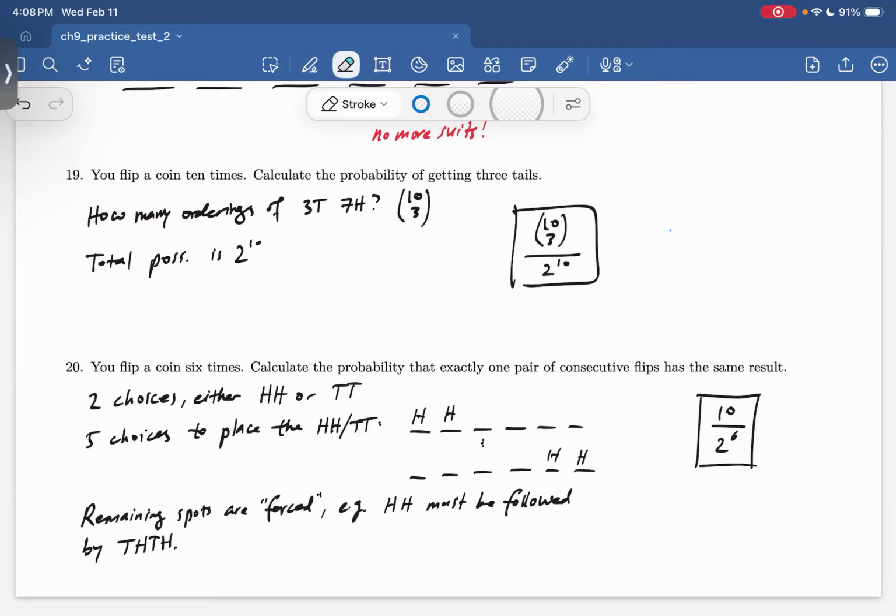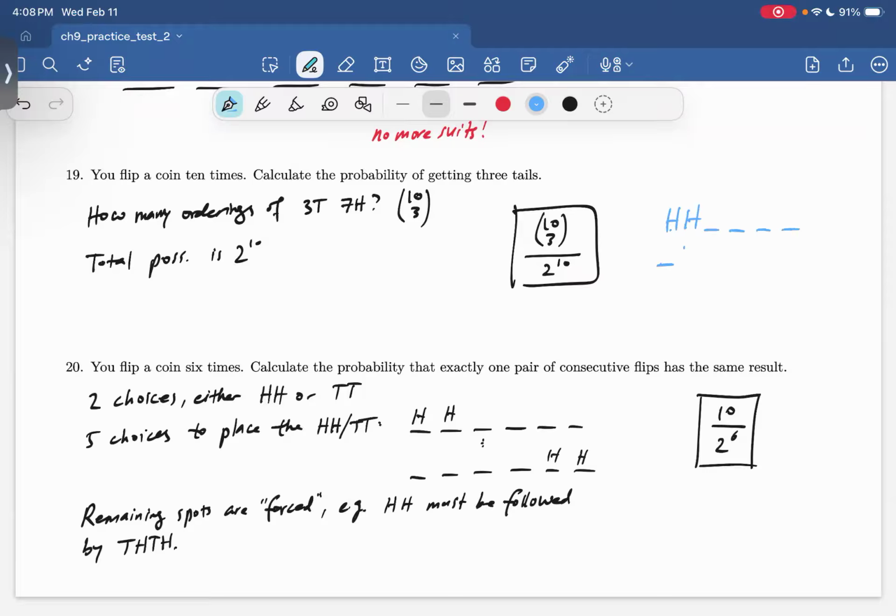Well, the idea is first we want to think about which kind of consecutive flip do we want? And there are 2 choices, right? Either we have a double H or a double T, all right? Secondly, where are the possible places for us to place the double H or the double T? Suppose it's a double H. Well, we could place it in the first 2 positions.